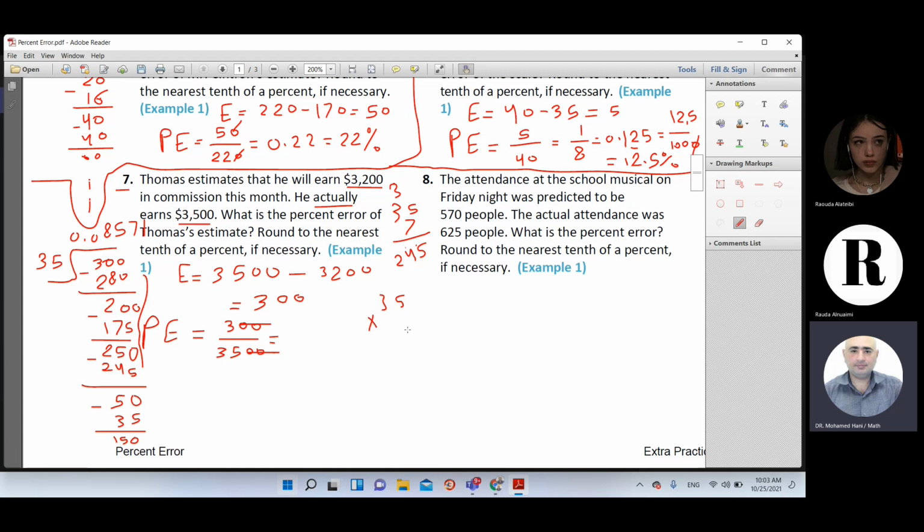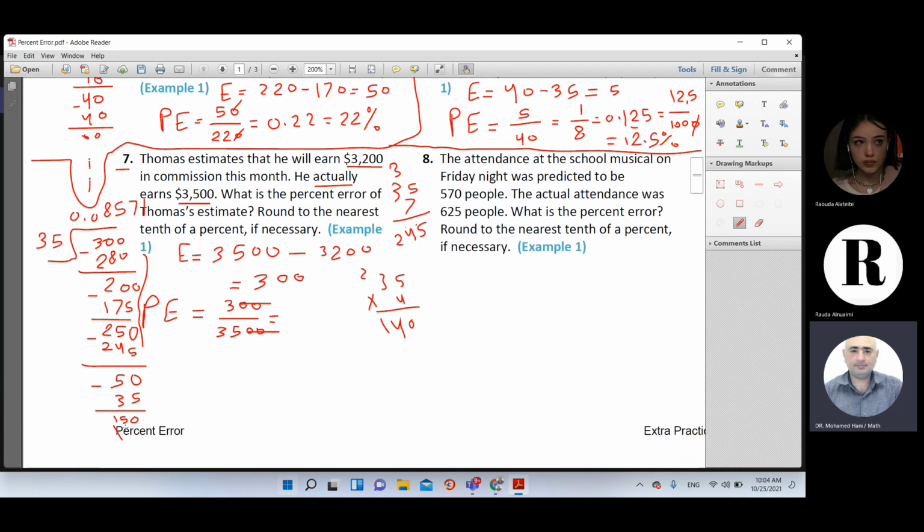So we can try, for example, 4. 4 times 5, 20. 4 times 3, 12. Plus 2 will be 14. So this is the nearest number. So we can write here 140. Remainder will be 10. And we can write here 4.